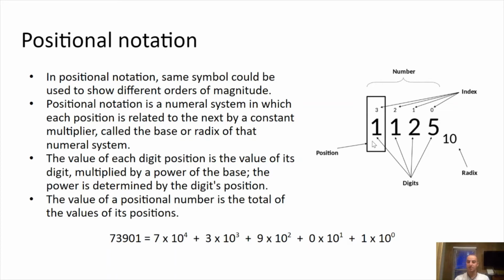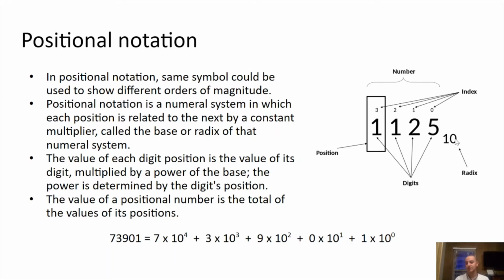That's why you see this radix, this 10, showing the base. But because we always use this system, we don't write it. You add 1000 plus 100 plus 20 plus 5, and you get 1125. That is trivial in base 10.